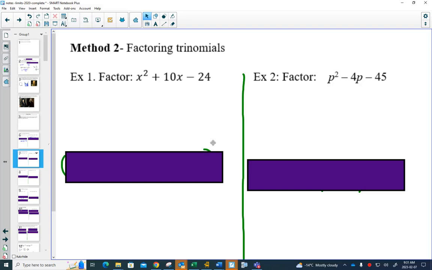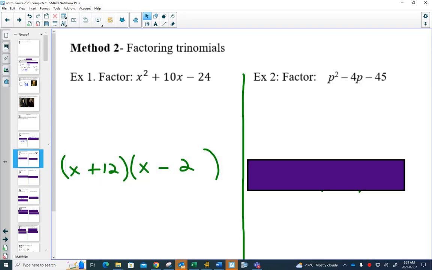Did you think of 6 and 4 first? And then if you checked it, it didn't work. Yeah, that's why I like this one, because 12 and 2 and 6 and 4 both make 10. And so there are a couple factoring ones out there that are kind of sneaky, because you might feel like, oh, I found it, 6 and 4.